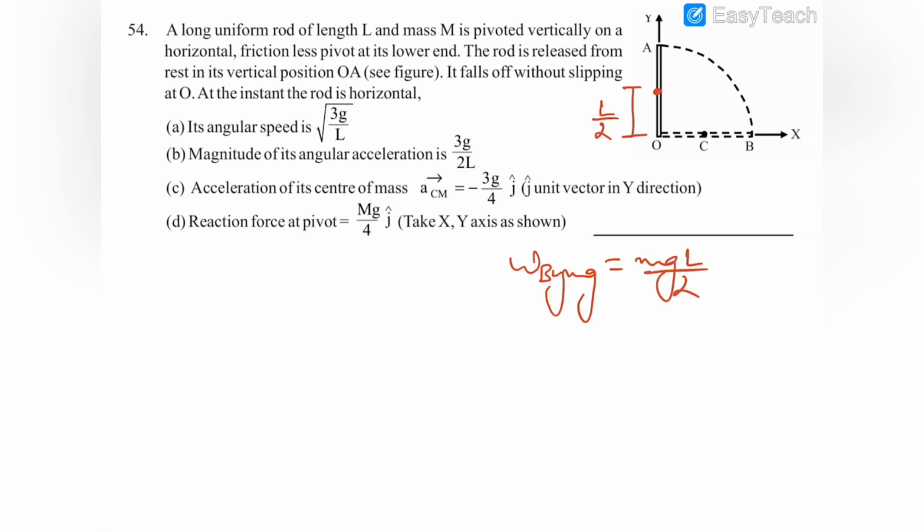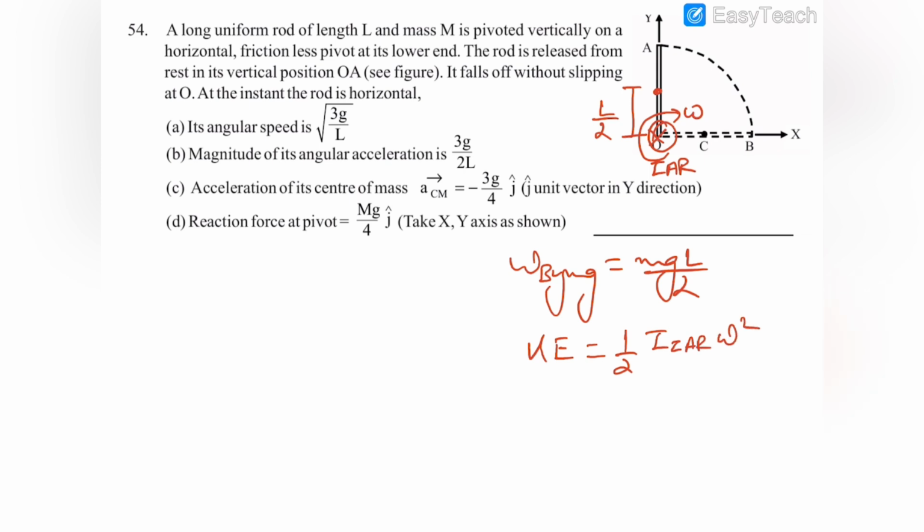Now this work done will be equal to the kinetic energy of the rod. And we can say that this point O is the IAR, and the motion of the rod will be completely rotational about the IAR. So when we write the kinetic energy, we can write only the rotational kinetic energy, which is half I about the IAR into omega square.